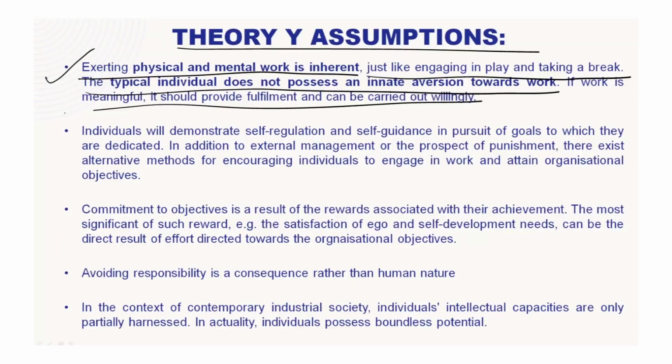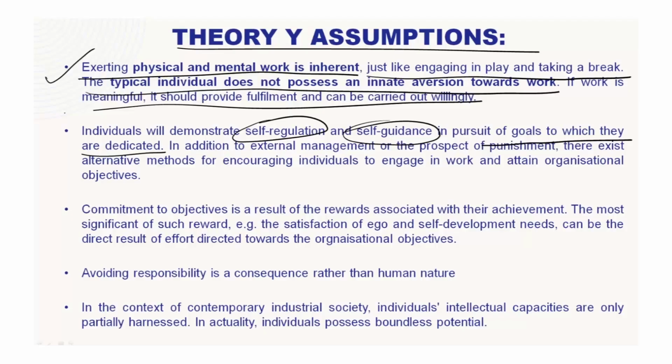Now, the second assumption: individuals will demonstrate self-regulation and self-guidance in pursuit of goals to which they are dedicated. So, self-regulation and self-guidance talk about the inner motivation, and there will be a minimum role of the supervisor in guiding the activities of their subordinates. Okay.